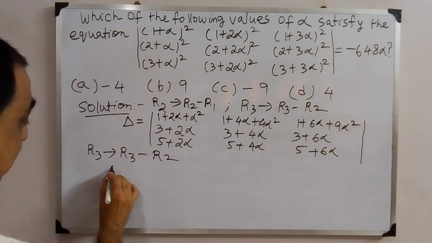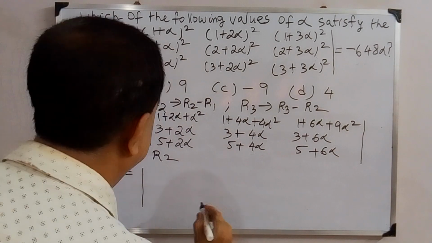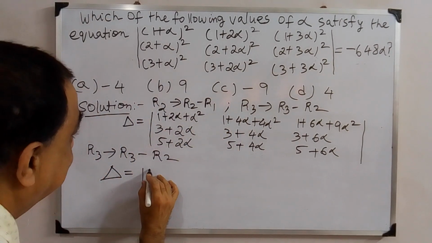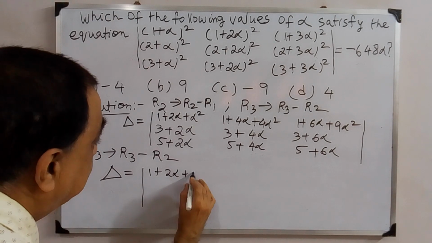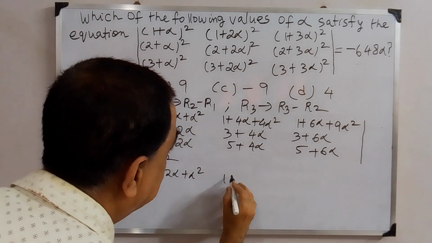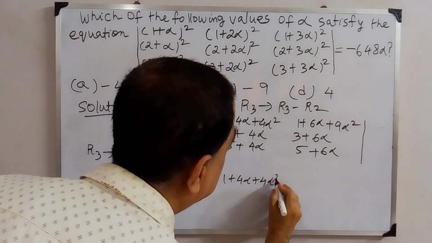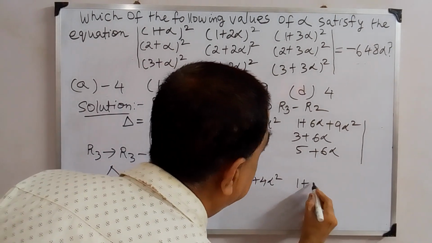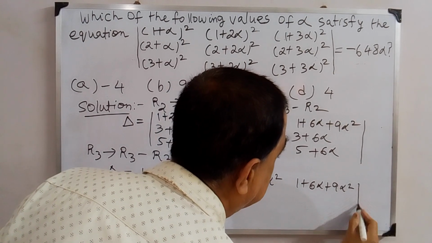So this delta will become: row 1 I am not changing, so I copy it just as it is. 1 plus 2 alpha plus alpha squared, 1 plus 4 alpha plus 4 alpha squared, and 1 plus 6 alpha plus 9 alpha squared.